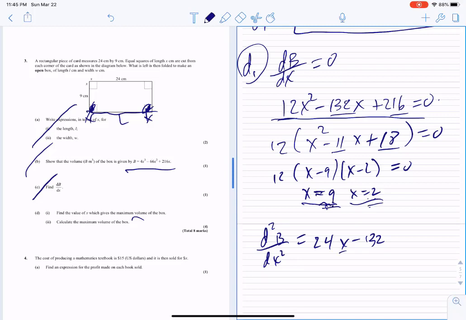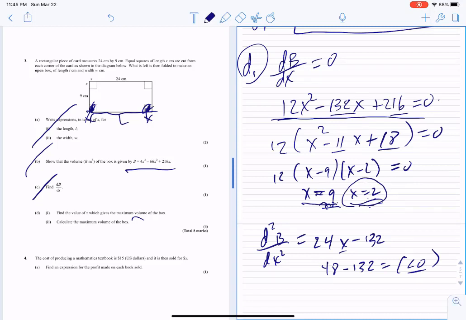One of them is going to give me a positive. The other one's going to give me a negative. It's pretty obvious which one's going to give me a negative, though. If I plug in the 2, that's going to give me a negative because I'm going to get 48 minus 132. Now, whatever that is, it doesn't really matter. I just know that it's less than 0. That's the most important thing. So this 2 is going to maximize my volume.